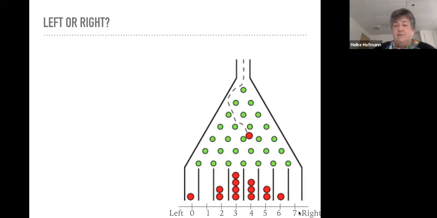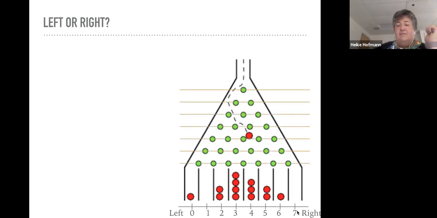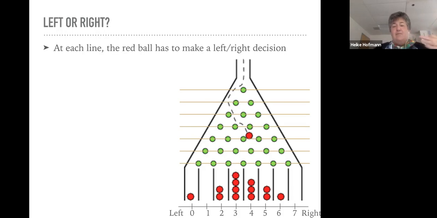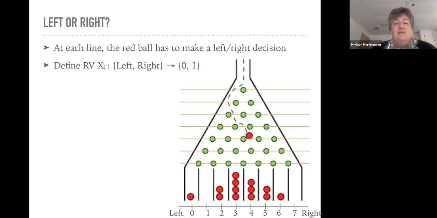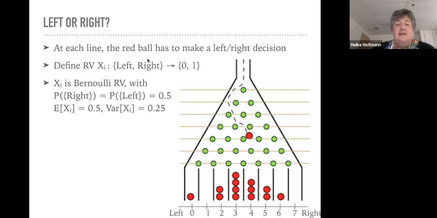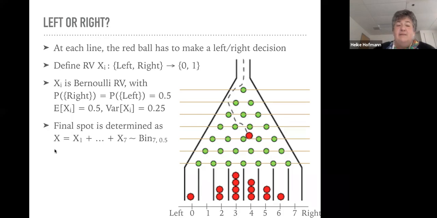So at each one of the locations, the ball makes a decision regarding left or right. So that's a Bernoulli experiment, left and right. And we've got a sequence of these Bernoulli experiments, which means that we are dealing with the sum of Bernoulli experiments, so what we're seeing down here is really not a normal distribution.